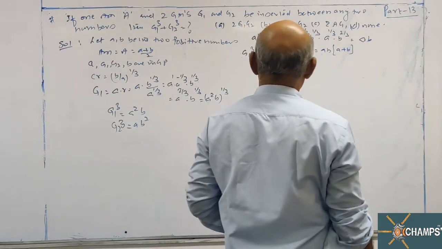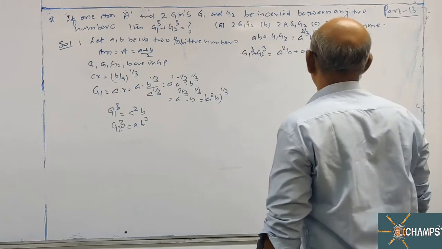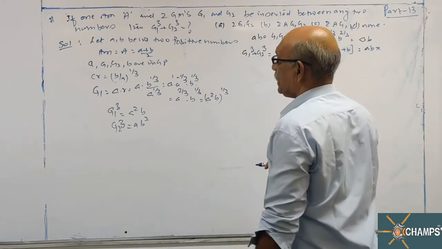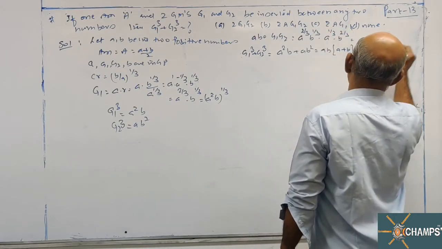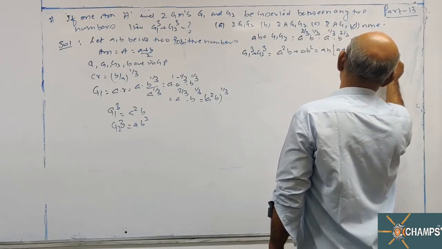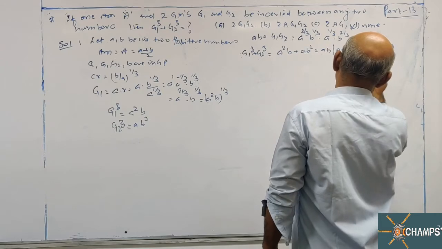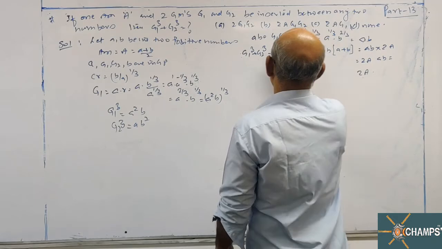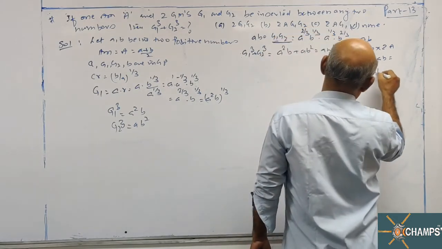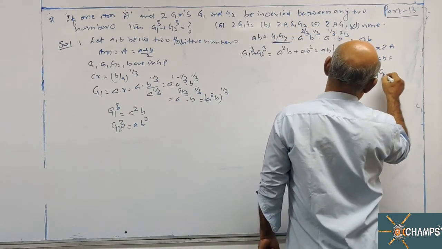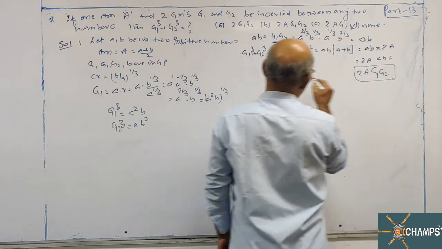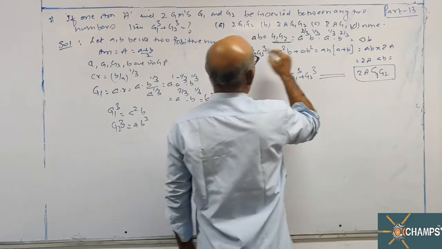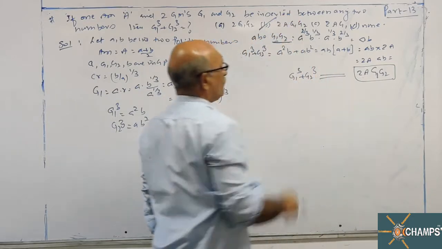Straight away we can get this without taking the help of options. a plus b can be written as 2A. So 2A into ab is equal to 2A G1 G2. So option B is the answer.